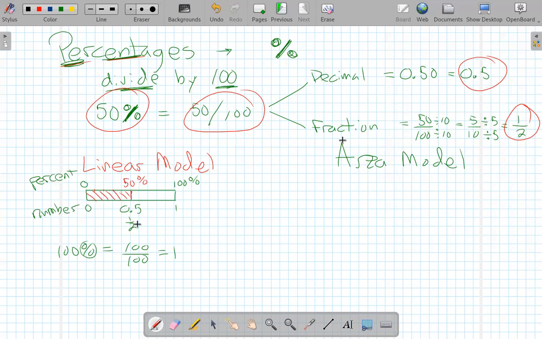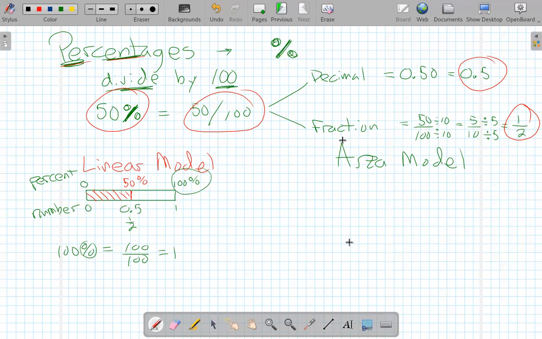So the linear model is just either a line segment, often it's just a thin rectangle, where we compare the percent version of a number versus the regular number version. And we always want to look at the percent versus the regular number, 50% versus 100%. And we always want to see, where does 100% live on that linear model? So we'll look at some other versions of that.